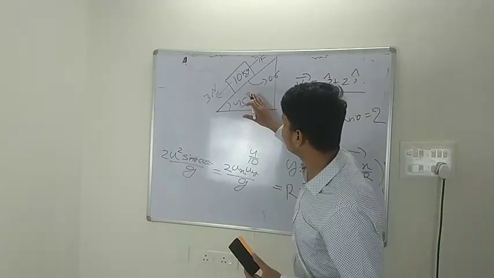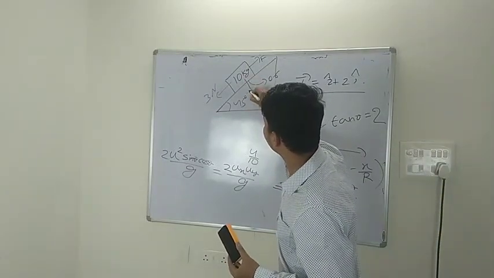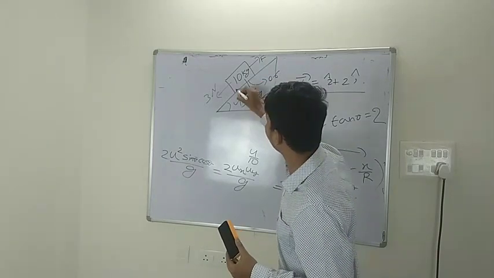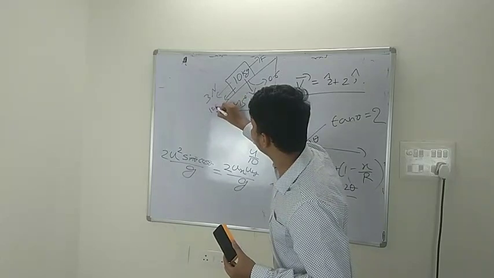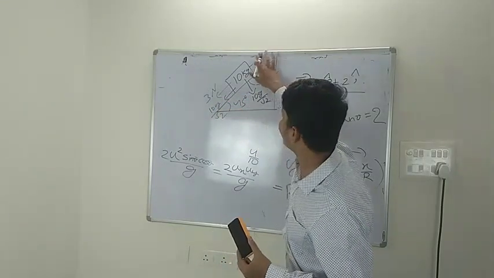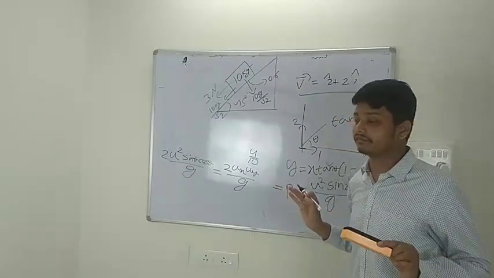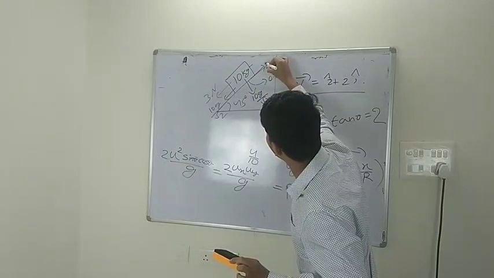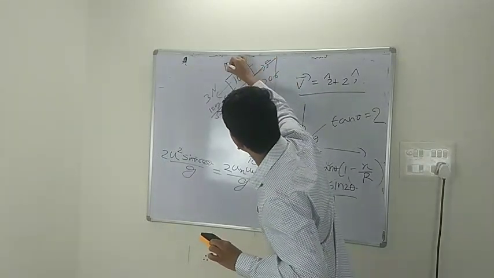So let me draw the free body diagram: 10g cos 45, 10g sin 45. Now let's forget about capital F. Friction is also acting along this direction and a normal force is acting.